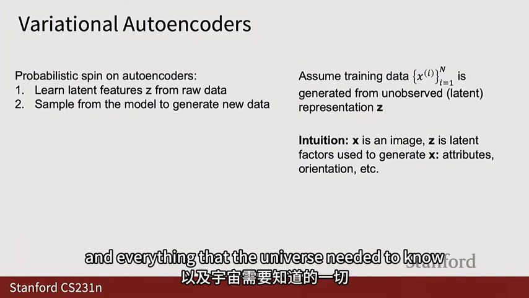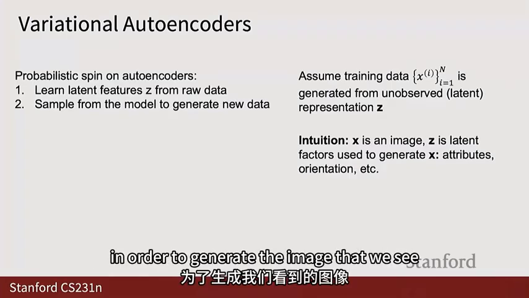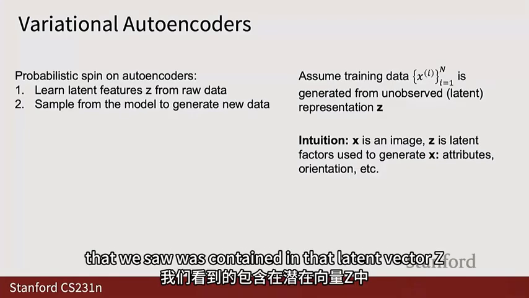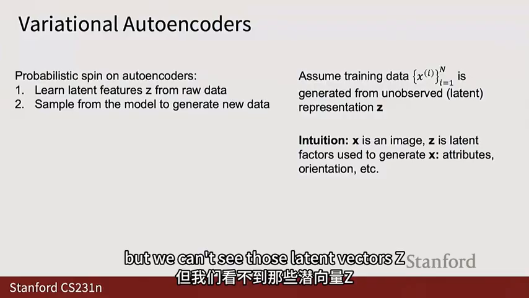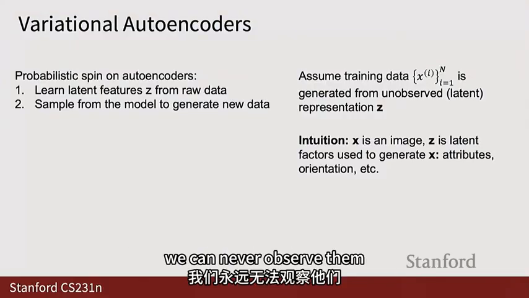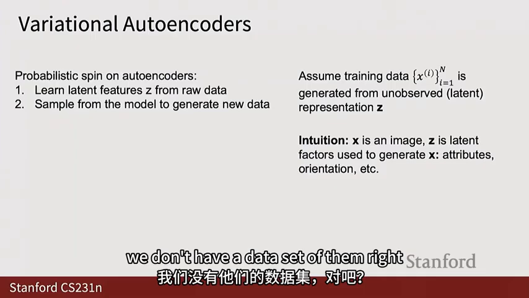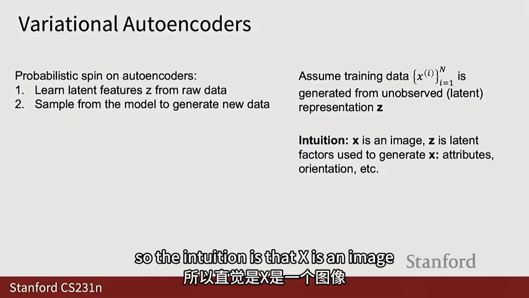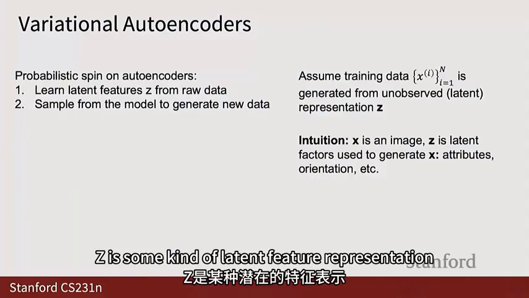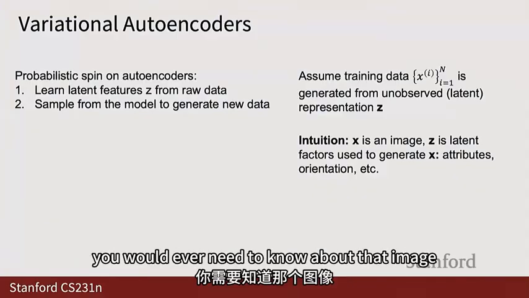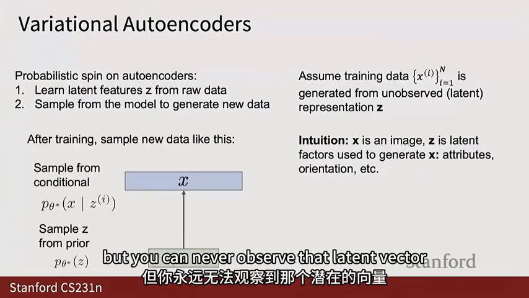And everything that the universe needed to know in order to generate the image that we saw was contained in that latent vector z. But we can't see those latent vectors z. We can never observe them. We don't have a data set of them. So the intuition is that X is an image, Z is some kind of latent feature representation that tells you everything you would ever need to know about that image, but you can never observe that latent vector.